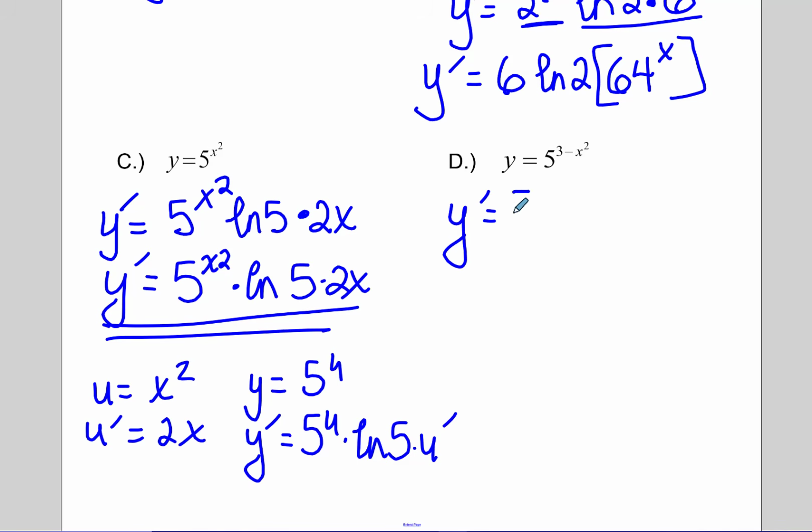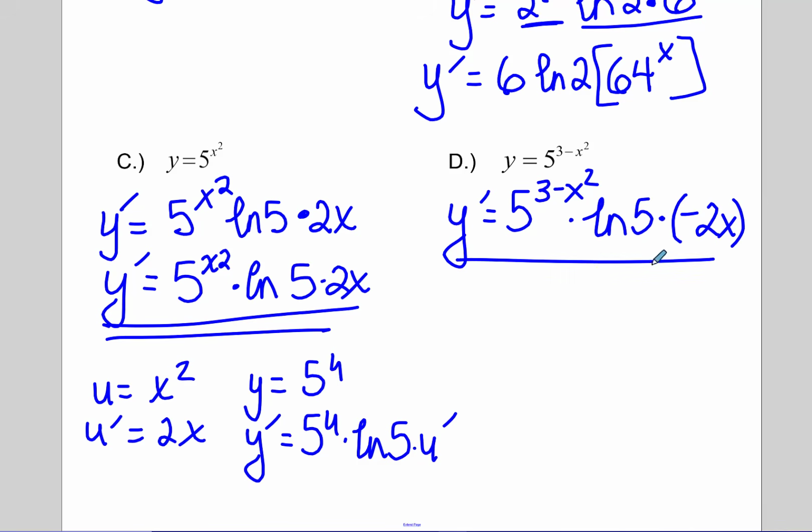Y prime is a to the u power times natural log of your base times the derivative of your function that's substituted in. And you can just leave it like that. Do not multiply 5 times 2. Don't make that mistake.